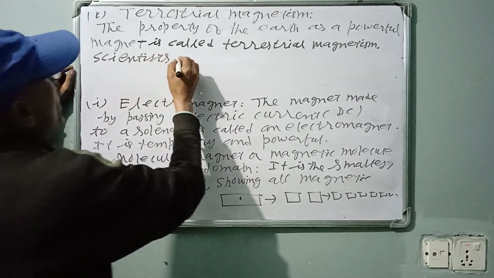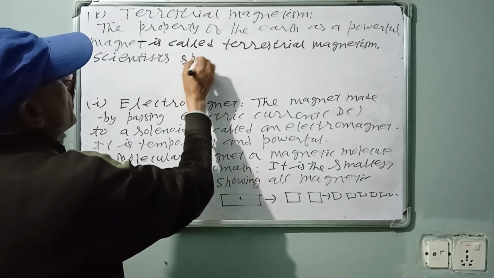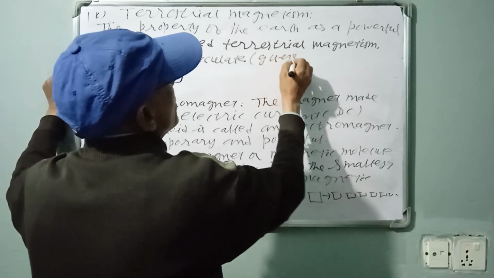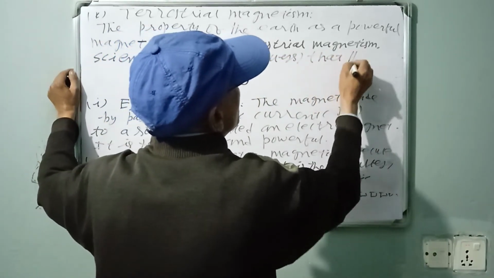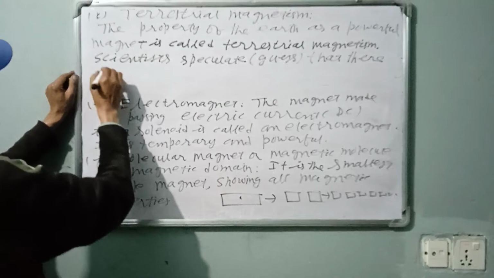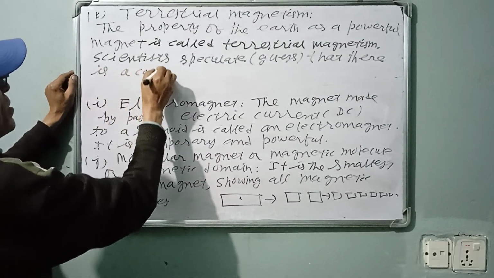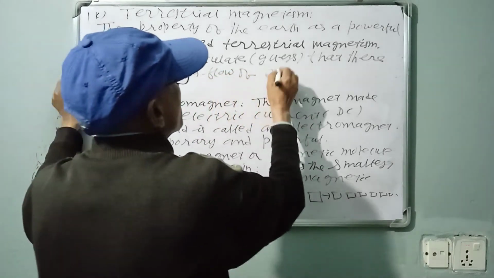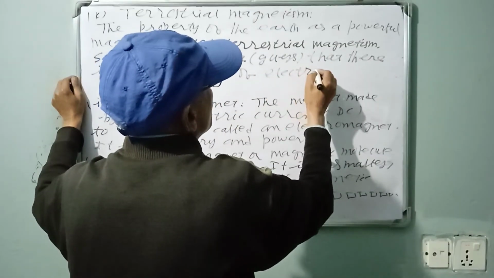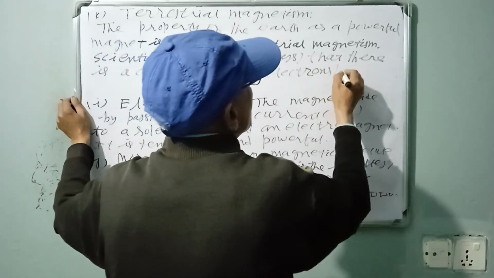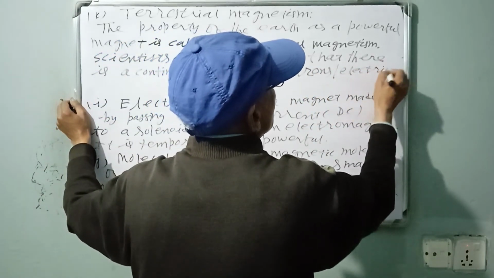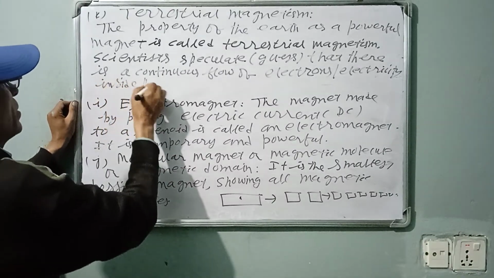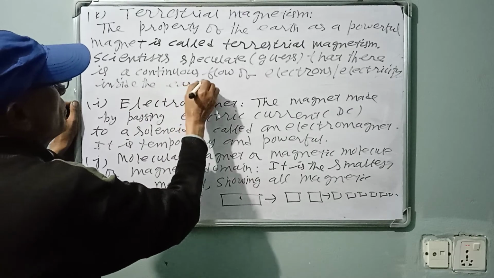Scientists speculate, speculate means guess, that there is a continuous flow of electrons or electricity inside the earth crust.